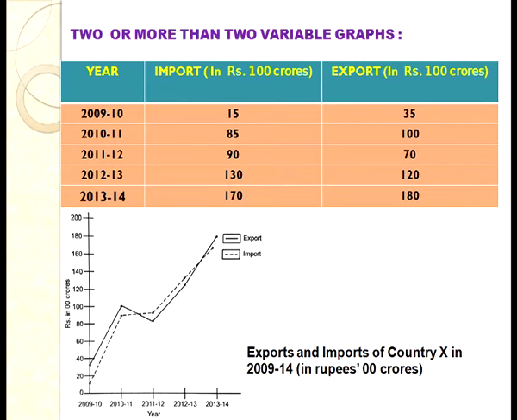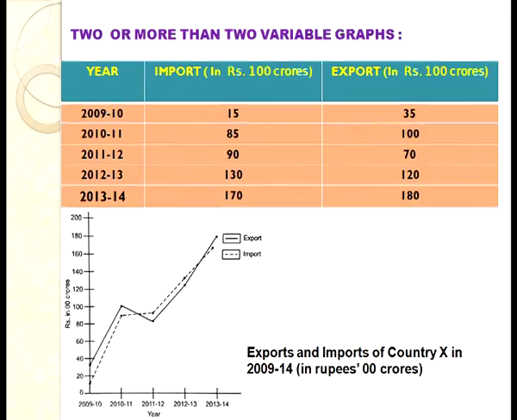So we have just joined all the points with the dotted line. In the next case, that is export, we have used the plain line. Now we are going to plot for the years 2009 to 10, 35; 2010 to 11, 100; 2011 to 12, 70; 2012 to 13, 120; 2013 to 14, 180. We have got the dots. Now we are going to join all the dots to form the line graph.